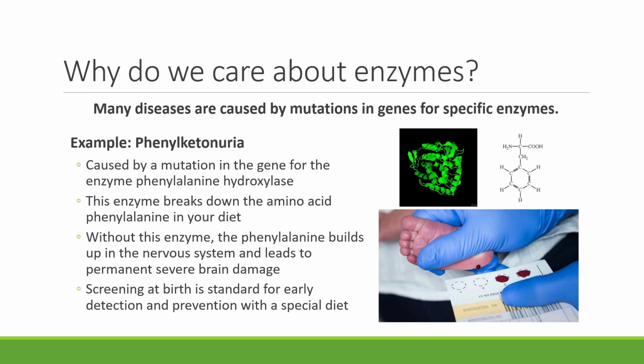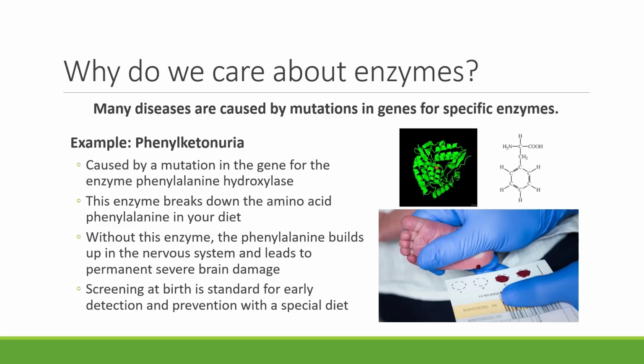So understanding how this enzyme, phenylalanine hydroxylase, works, how it's affected by genetic mutations, and how to avoid the worst possible outcomes of this disease are all traced back to our knowledge about enzymes.